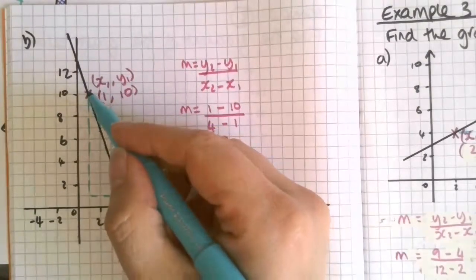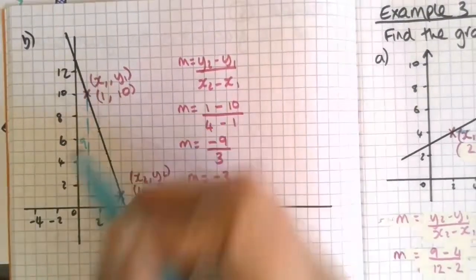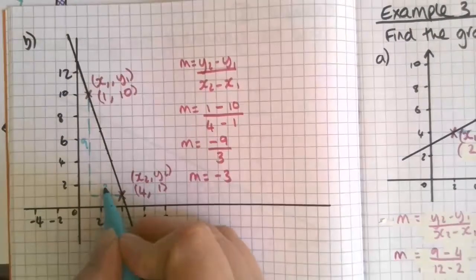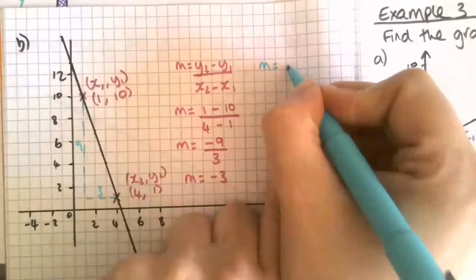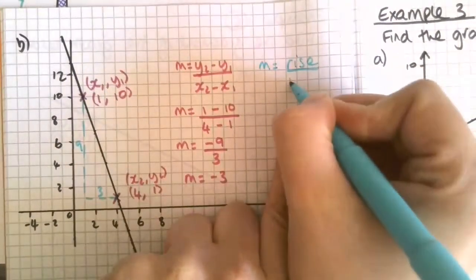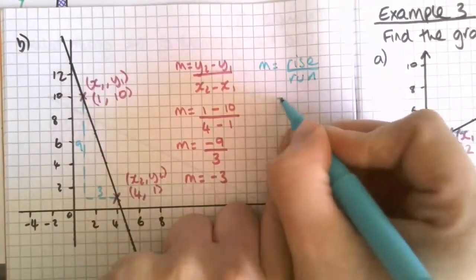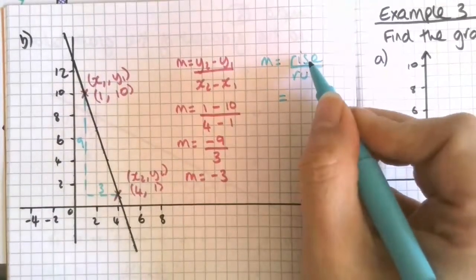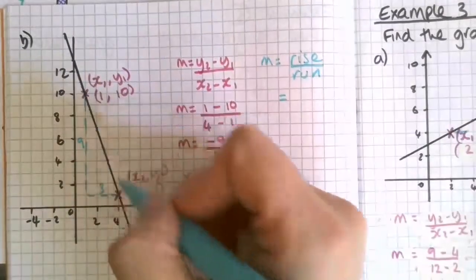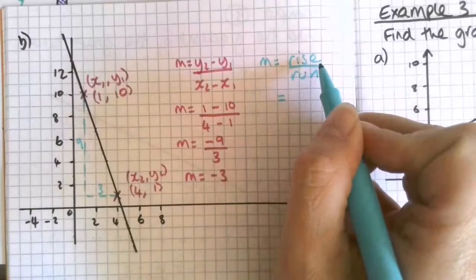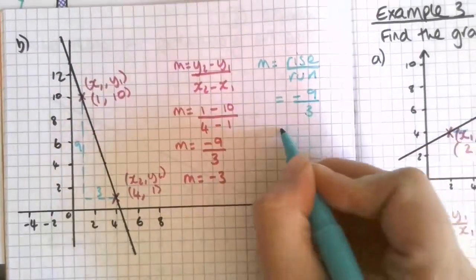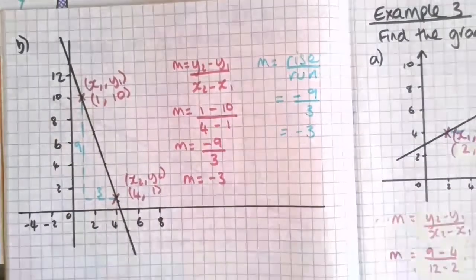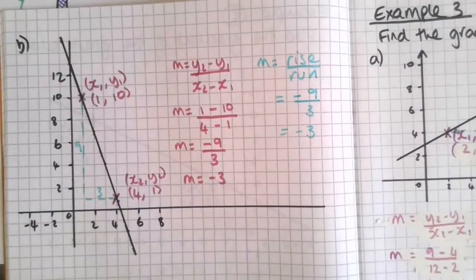So going from 10 to 1, that is 9, and going from 1 to 4 is 3. So if I do m is rise over run, I need to be careful and think of the fact that this is going down, so my rise is actually a negative, so it's really minus 9, and the run is 3, which gets me the minus 3 value. And you can see how people make mistakes there.